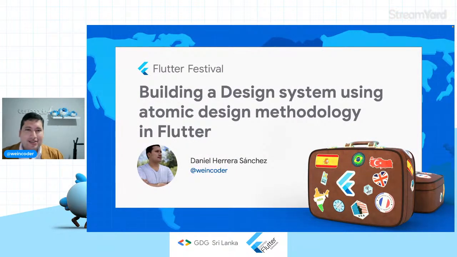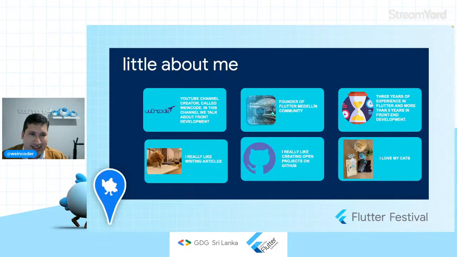So today we will be talking about how we can build a design system using atomic design methodology in Flutter. My name is Daniel Herrera, but first let's talk a little about me. I am a senior developer with more than 3 years of experience in Flutter and more than 5 years in front-end development. 2 years ago, I created the YouTube channel White Code, and in this channel, we talk about front-end development.